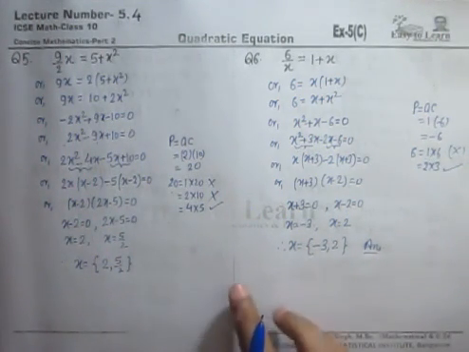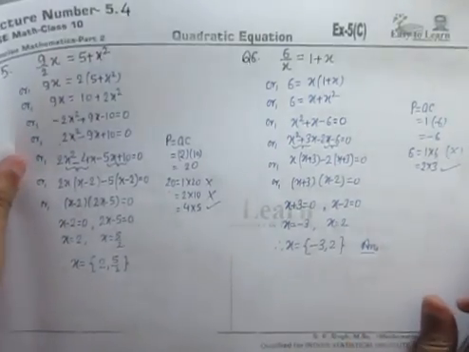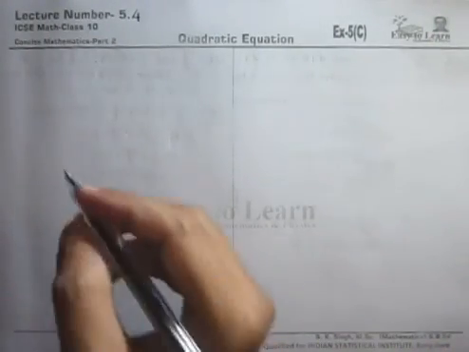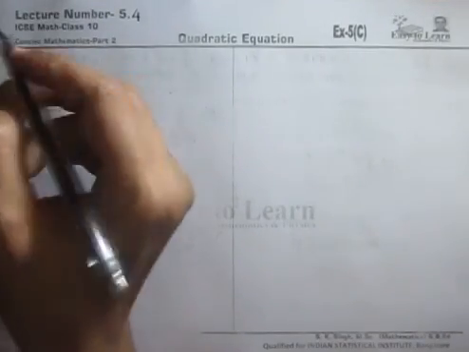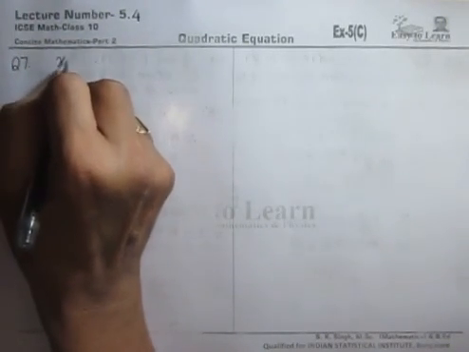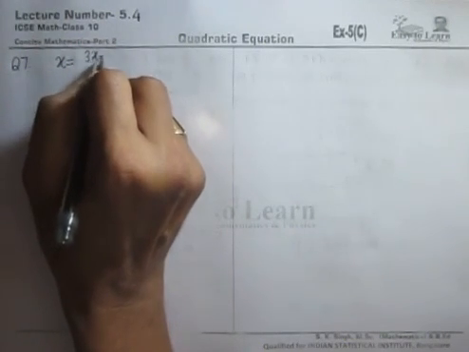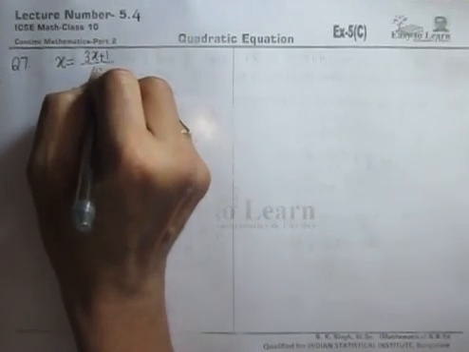Now question number 7. In question number 7 it is given that x is equal to 3x plus 1 divided by 4x.